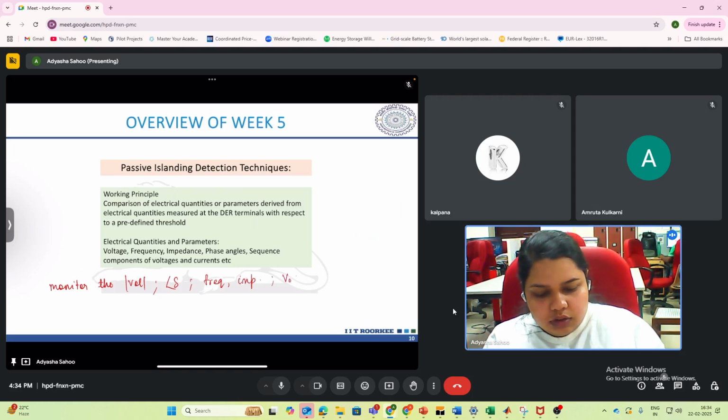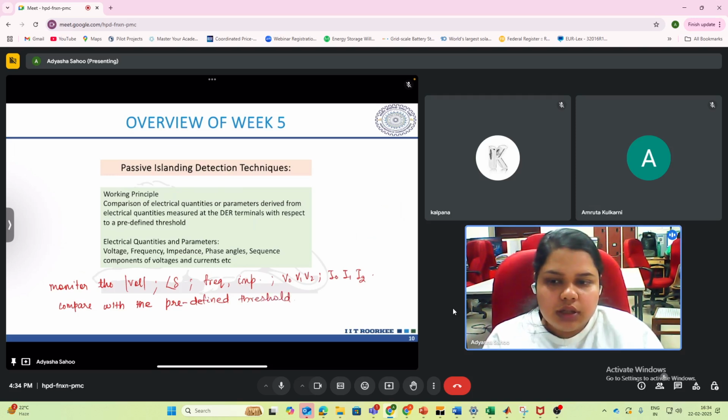So we continuously monitor the levels of these various quantities, and then we compare them with the predefined threshold. And if these quantities are greater than the threshold, then we say that islanding has taken place.